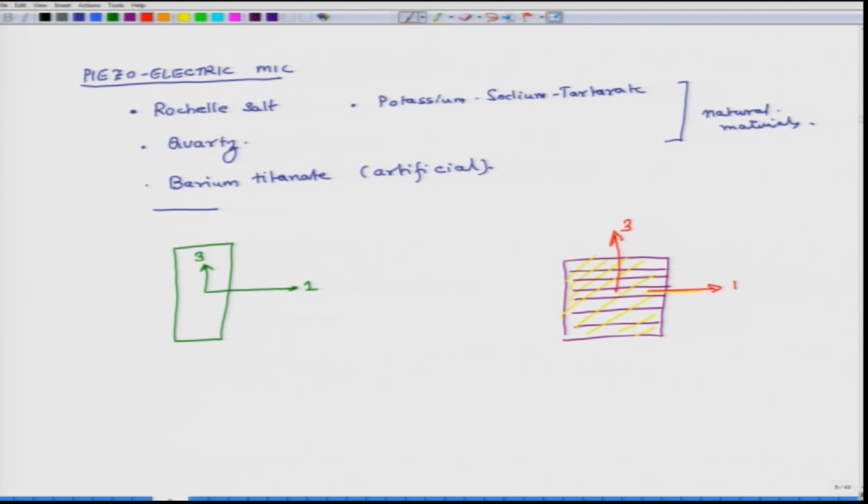Similarly, when we look at the structure of a piezoelectric crystal, we will see some patterns and based on how the crystals are organized, we can figure out which is the 1 direction, 2 direction and 3 direction.